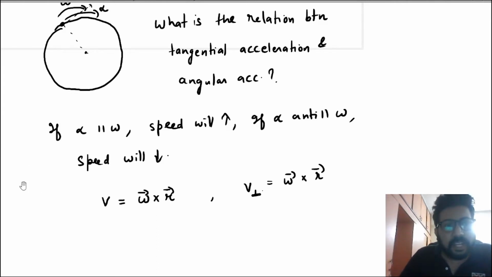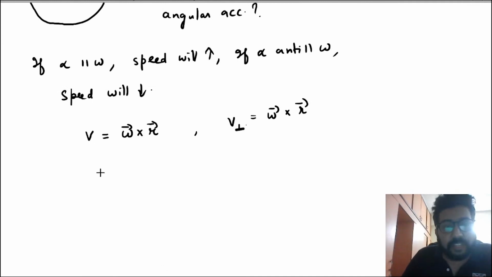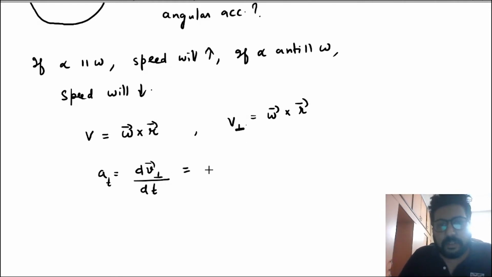Now the tangential acceleration is defined as the rate of change of speed, that is, the rate of change of the perpendicular component of velocity, and that is equal to, if r is constant, d omega by dt cross r. d omega by dt is alpha, so a tangential is equal to alpha cross r.